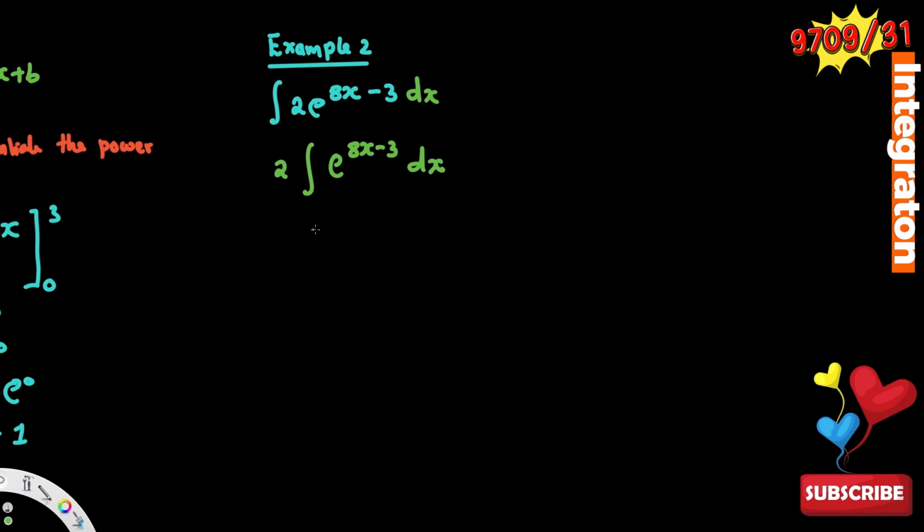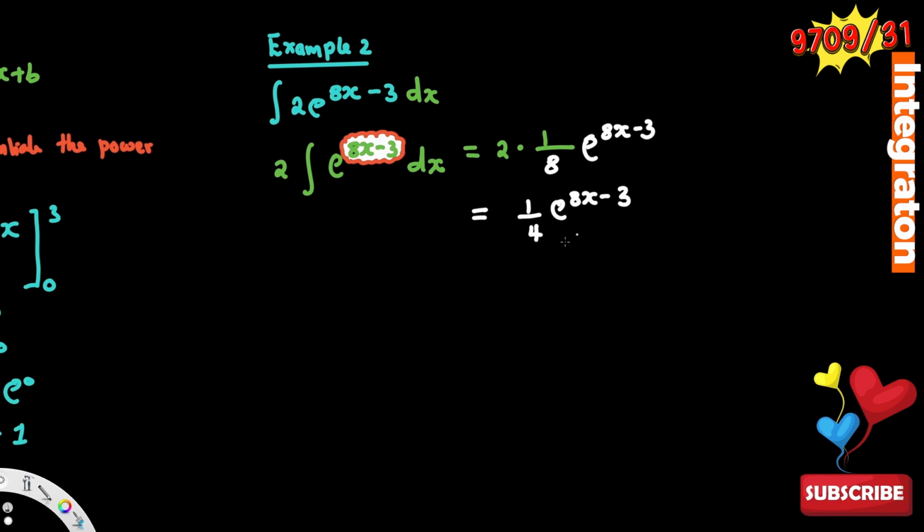It means we can find the derivative of 8x minus 3, then we say 1 over the derivative of that. If you differentiate 8x minus 3, we're going to get 8. So it will be 1 over 8. Then you write the exponential function the way it was given. If we simplify this, we're going to get our final answer: 1 over 4 e to the power of 8x minus 3, then plus c. Don't forget to write plus c at the end.